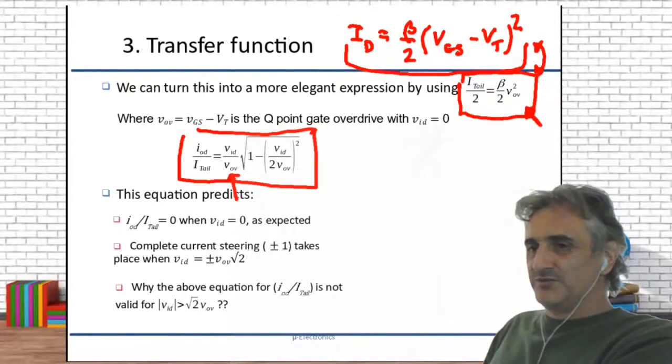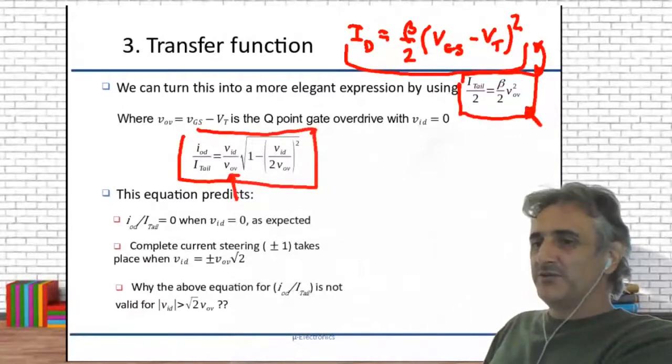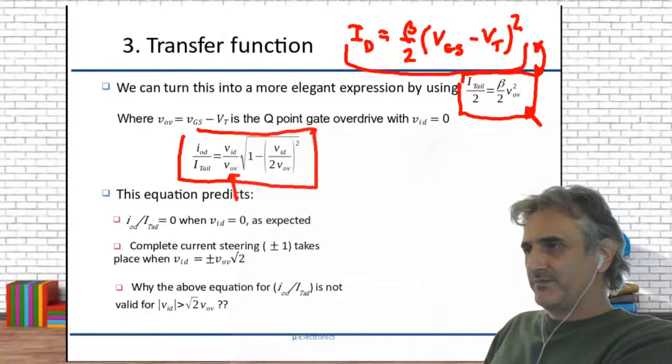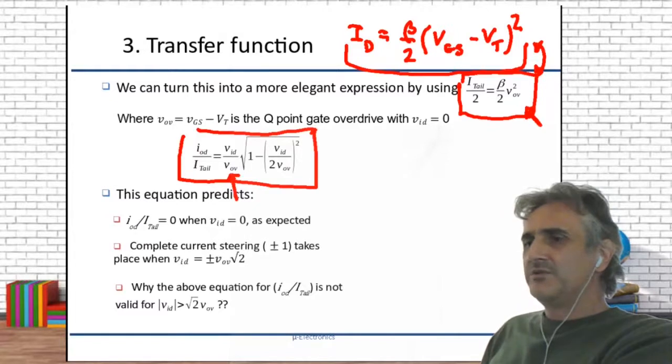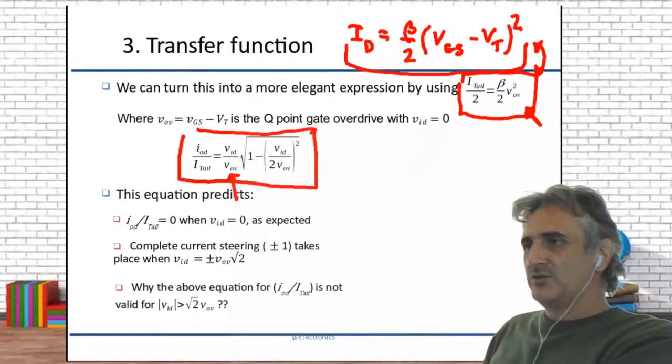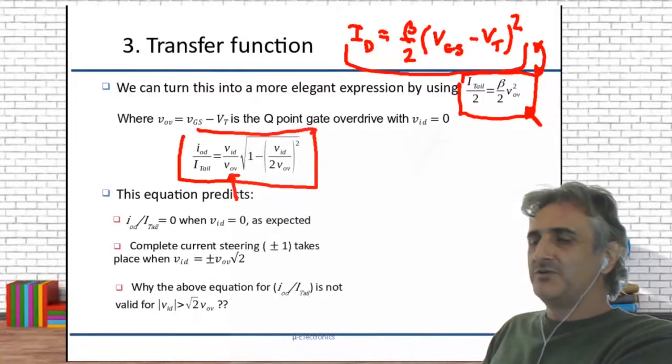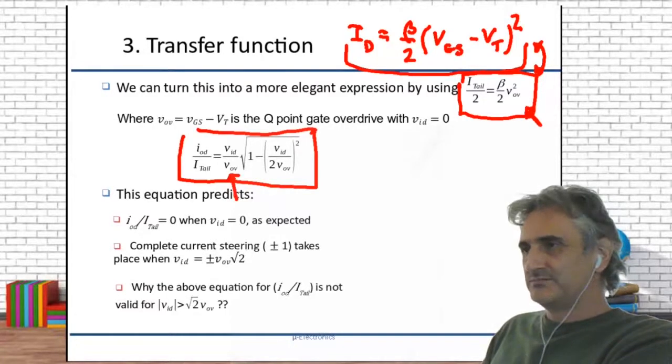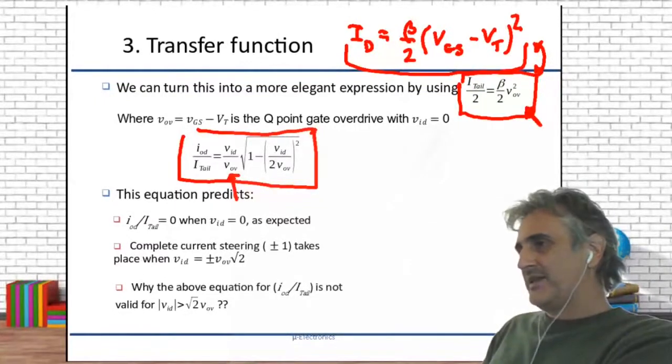Why does this equation go to imaginary roots when we are going higher than this voltage? What is our mistake? Or which are the assumptions we are making that make this equation not valid anymore for voltages higher than that? Any answer?